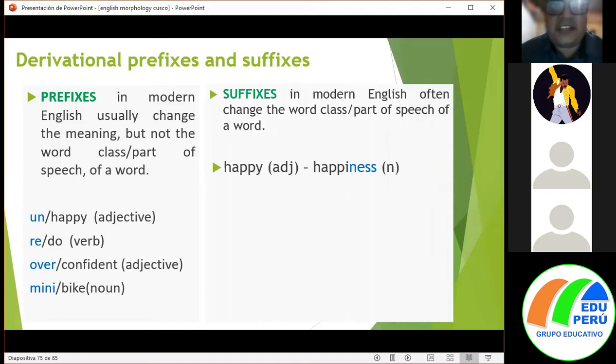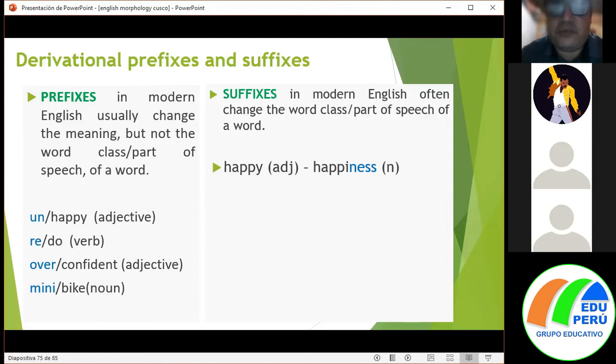Happy, notice, happy is an adjective. And you add the suffix -ness, happiness. Now this is a noun. It's not an adjective. You are changing the type of word from adjective to noun.